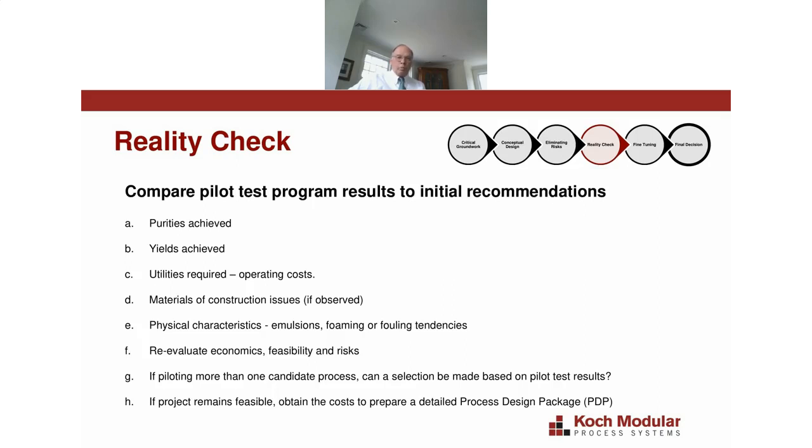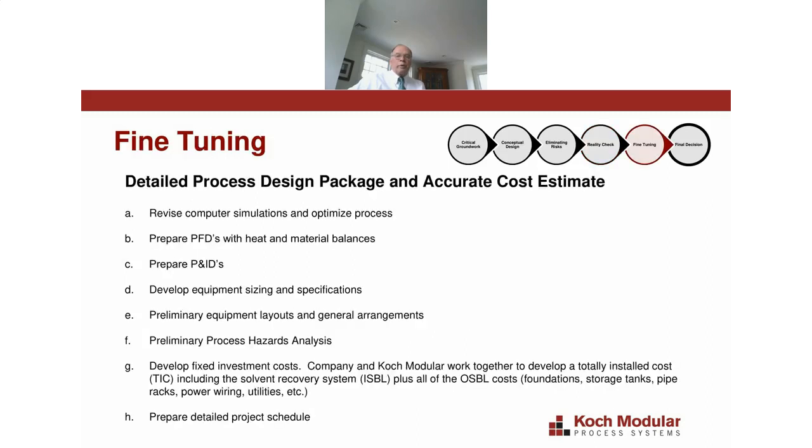We would use Aspen shell and tube to design all of the shell and tube heat exchangers. We would develop preliminary pump sizes and a preliminary equipment general arrangement drawing to determine how many steel structures and what size steel structures that we would use to house the solvent recovery equipment.